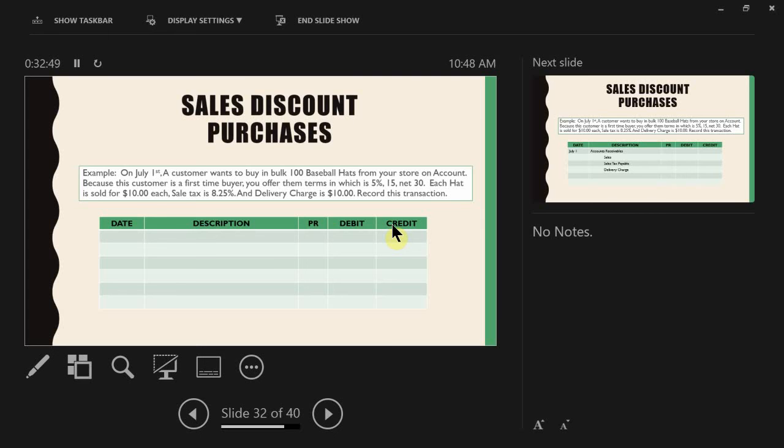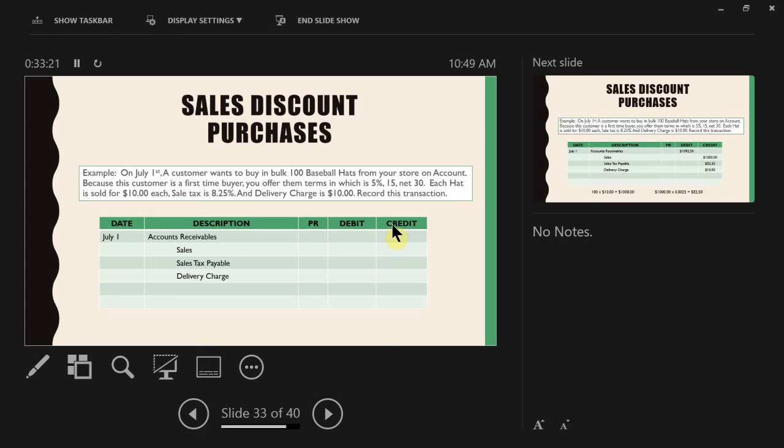Now, in this case, we know terms is a condition. In order for this customer to get the discount, they have to pay within a certain number of days. So in this case, I am not going to record it at the discounted price. I'm going to charge them accordingly, and then if he pays on time, I adjust it accordingly. I'm going to place it on an account because that's exactly what it is.